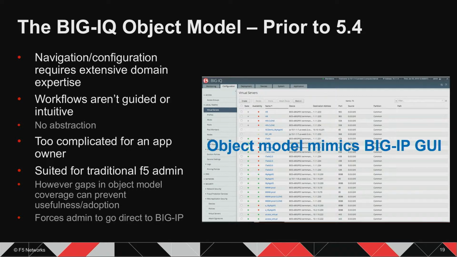So it became very challenging. You'd have to know to set up a pool first, then go ahead and set up a virtual server. Oh, I forgot my profiles. Let me go back and set those up. So there really was no workflow to guide you through the configuration. We wanted to work with application owners to make things simpler, and we saw that things were just too complicated for application owners.